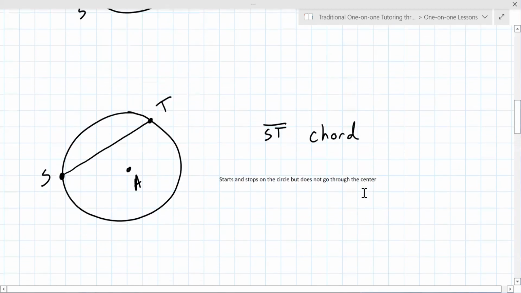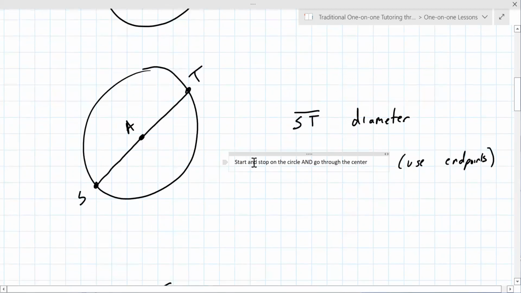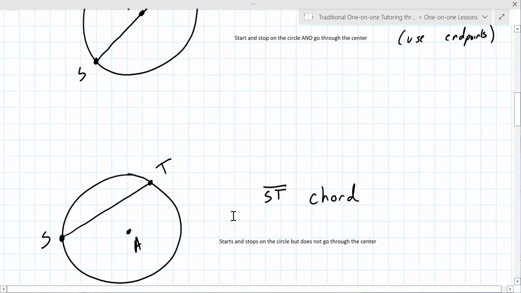A diameter starts and stops on the circle and goes through the center. It's like you said, it's 2 radii, but they have to be completely opposite. It's like 180 in a sense, right?